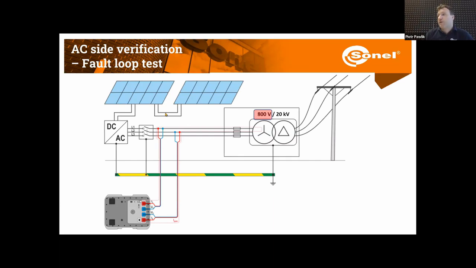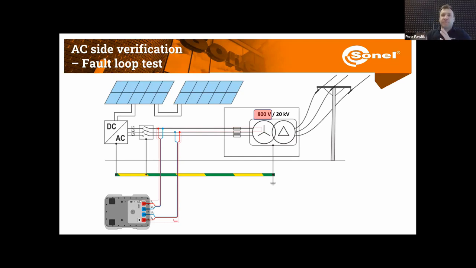Also, another thing, as we are checking the impedance, so impedance, resistance and reactance of the transformer, and the resistance of the cables, it may also happen that in the photovoltaic systems, the inverter will be kind of close to the transformer. So the value of the impedance or the resistance of the circuit is going to be quite small.